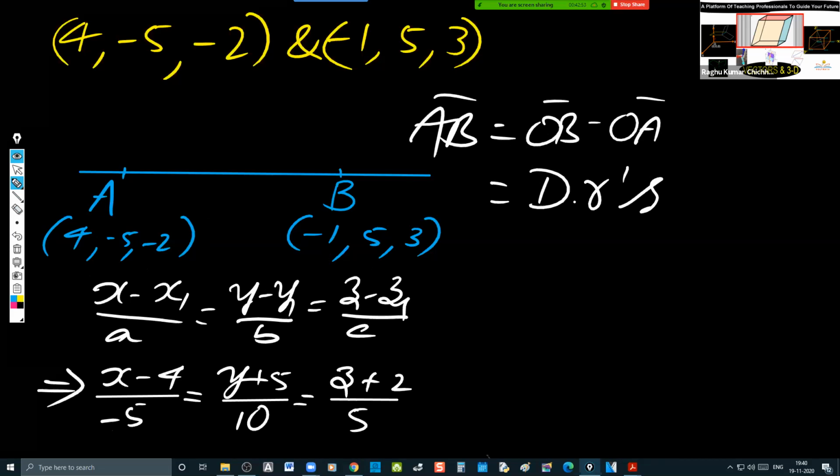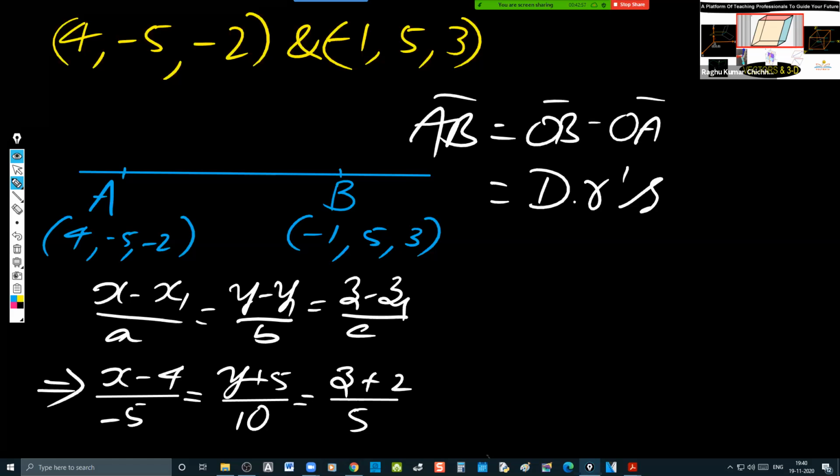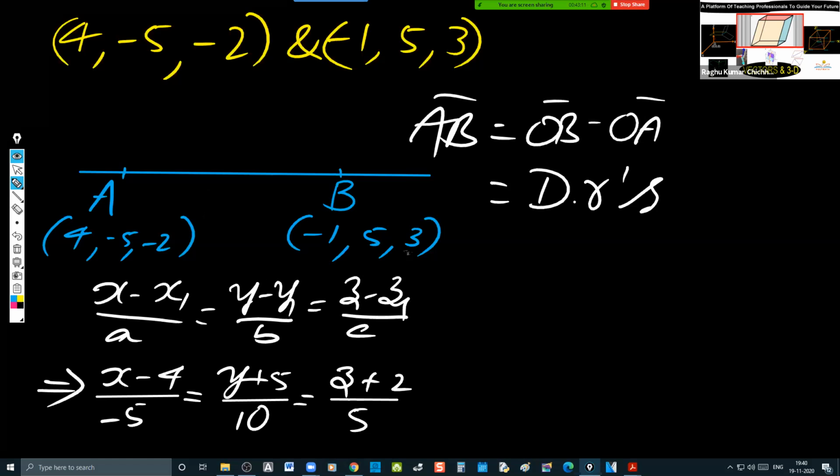Are you there, Kaushik? Yes, sir. So a, b, c are DRs of the line, Pranit. What we did is we have subtracted A from B, that's it. You can subtract B from A also. It makes no difference except the change of sign.